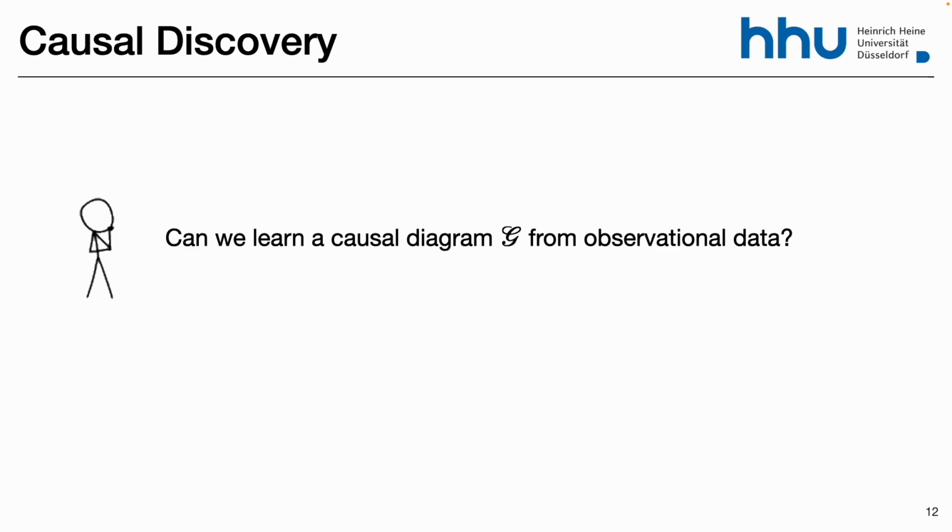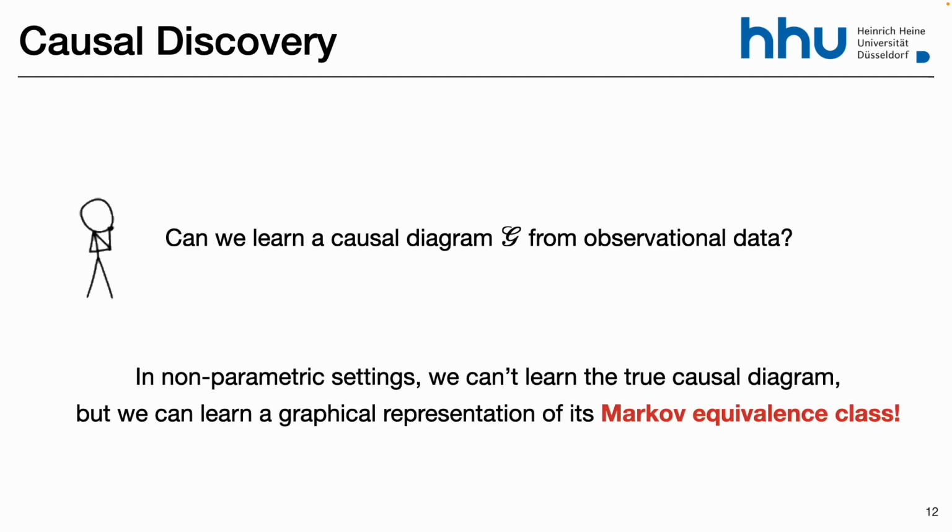If you just want data and you don't want to assume anything else, you won't be able to learn the causal diagram. But you'll be able to learn the Markov equivalence class, or the PAG, which sometimes gives you information, as the IV graph that I showed you gives you information to identify the effect without knowing the true underlying causal diagram.